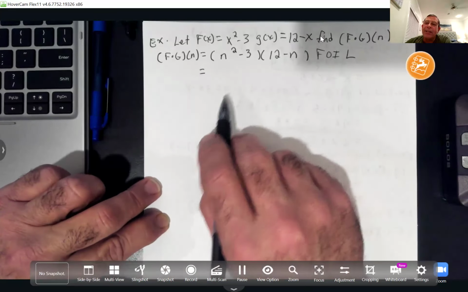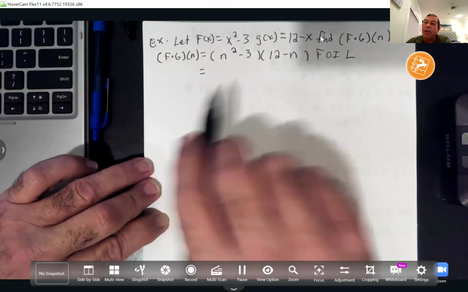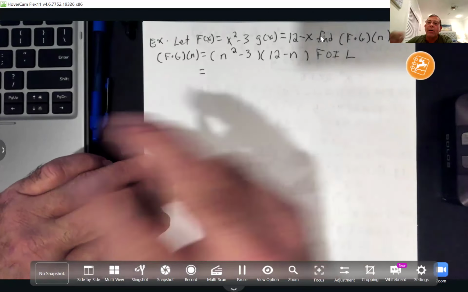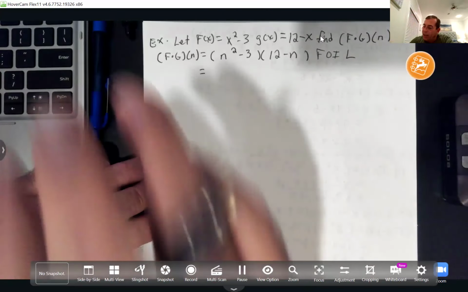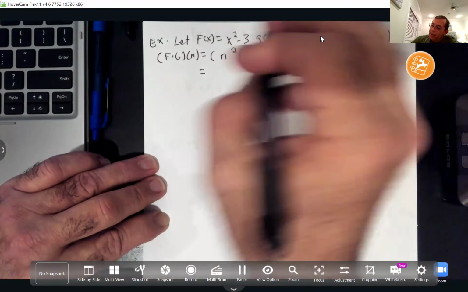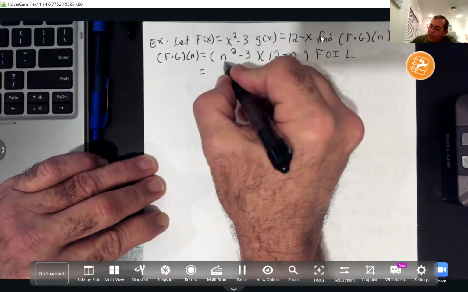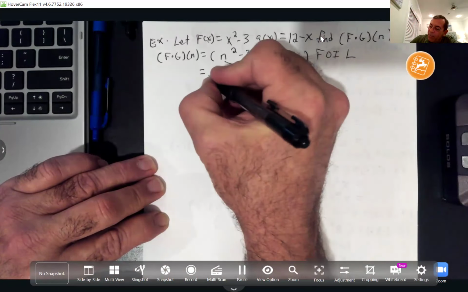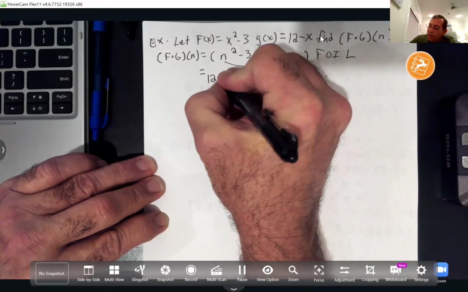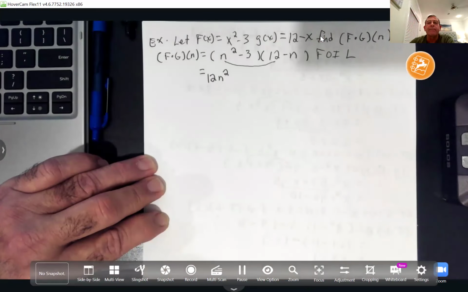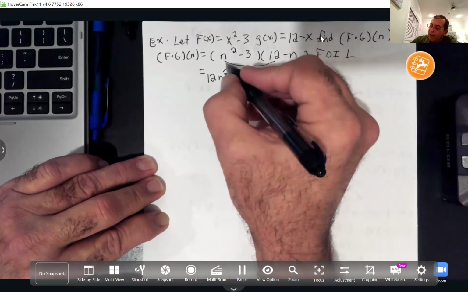Now, this one actually tells you on the answer blank when we're done, they want this in descending order. Highest exponent and keep going down. So, y'all, let's see what we get. N squared times 12 is a 12n squared. How about this?